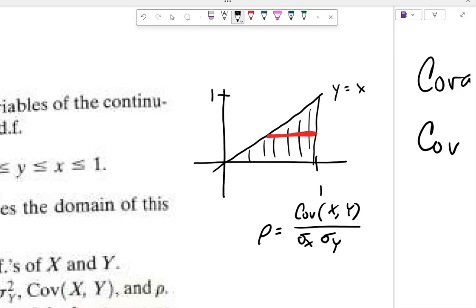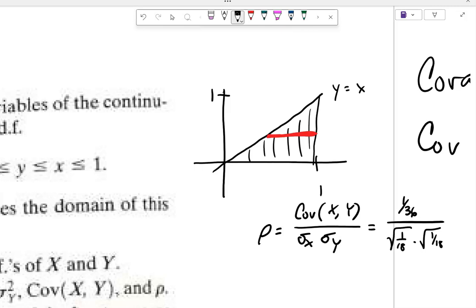In this case, pardon me, your covariance we just came up with was 1/36. The variance for each of these was 1/18, right? So you would have the square root of 1/18 times the square root of 1/18, because you had to take the square root to get the standard deviations, right?